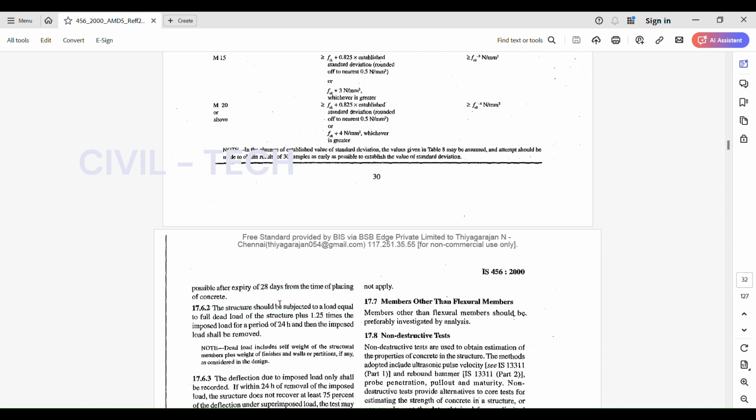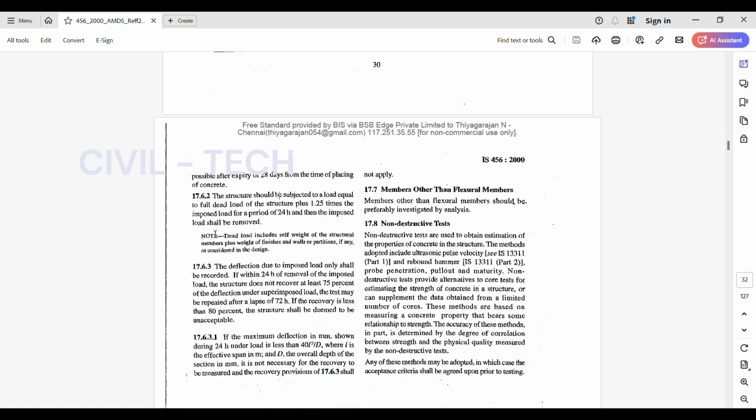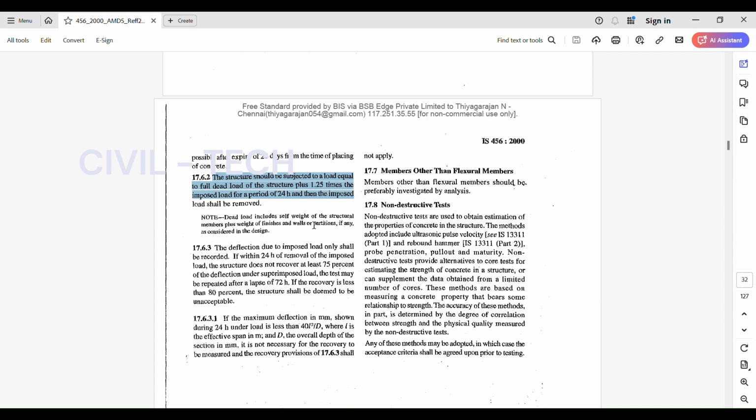So the load test can be done after 28 days of concreting. The structure should be subjected to a load equal to the full dead load of the structure plus 1.25 times the imposed load for a period of 24 hours, and then the imposed load shall be removed.